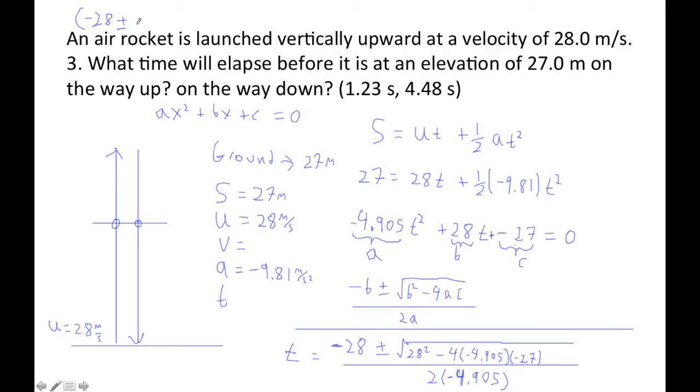And then square root, parentheses, 28 squared, minus 4 times negative, it has to be that little gimpy minus, 4.905, times, it has to be a unary minus again, 27.